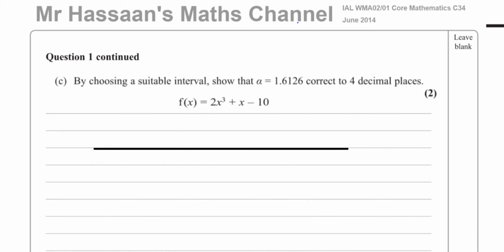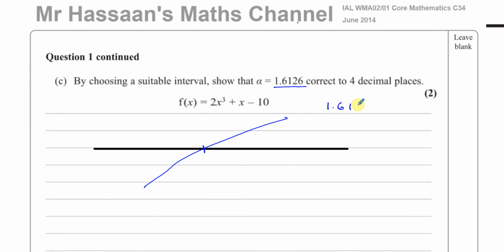I'm going to look at the number line. Imagine this is where the root is, somewhere over here. We want to prove that when you find the root, the answer will round to this value to 4 decimal places. So we think about the highest a number can be and the lowest it can be so that it rounds to this amount.